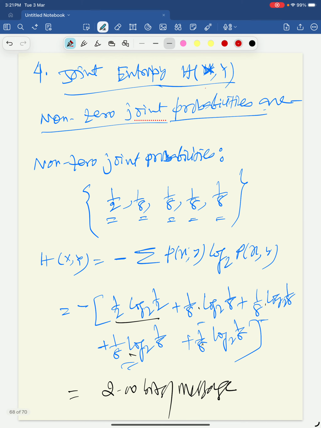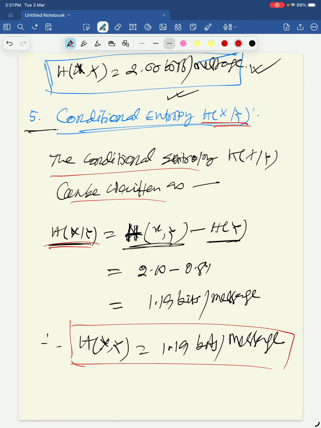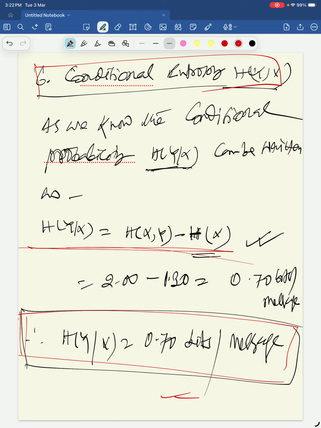Then joint entropy H(X,Y) we have also calculated. Conditional entropy H(X by Y) we also calculated, and we got 1.19 as the final result. Then sixth, again conditional entropy H(Y by X), we calculated using this formula, and ultimately we get this final result. So this is all about these numericals.